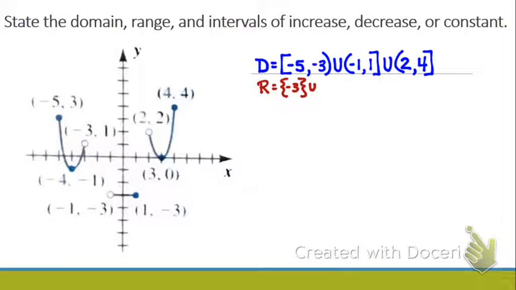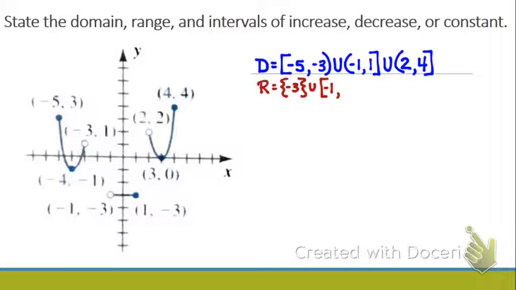So far, so good on that one? What's the next lowest this graph ever goes? -1. I have to come all the way up here before I touch the graph again. Would that be a bracket or a parenthesis there? A bracket. So -1.